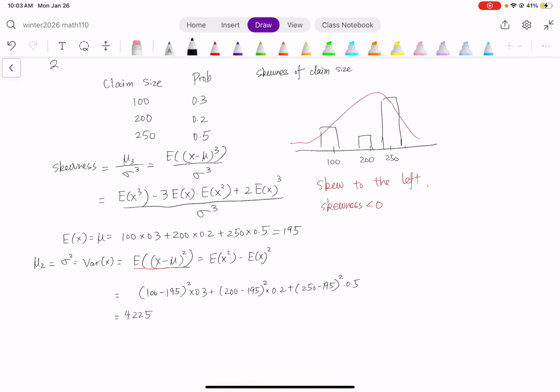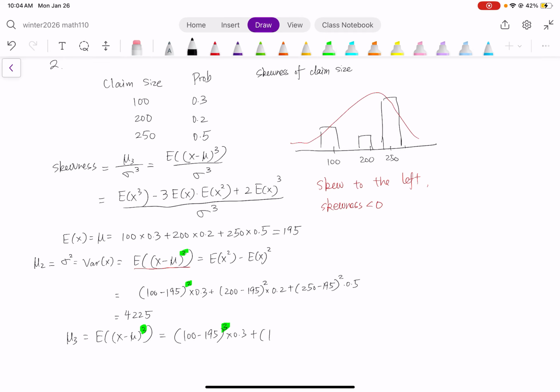Now you need to calculate the third central moment, also called mu 3, the expected value of x minus mu to the power of 3. It is equal to 100 minus 195, to the third, times 0.3. Sorry, it's to the third, not squared.